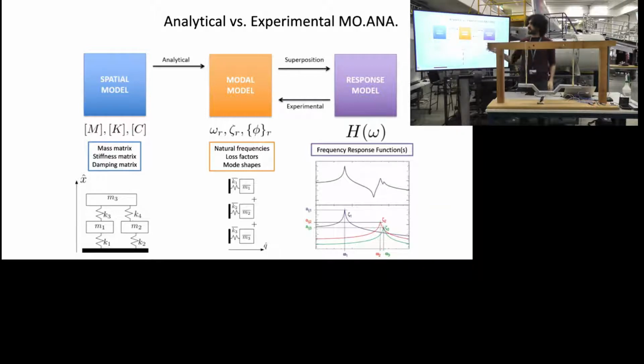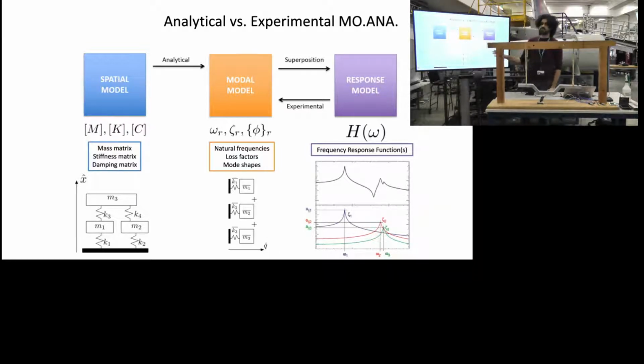Again, just as a recap, analytical versus experimental modal analysis. The modal model is what we want at the end. Analytical modal analysis lets you pass from physical space to modal space, whereas experimental modal analysis lets us pass from a response model to the modal space again.